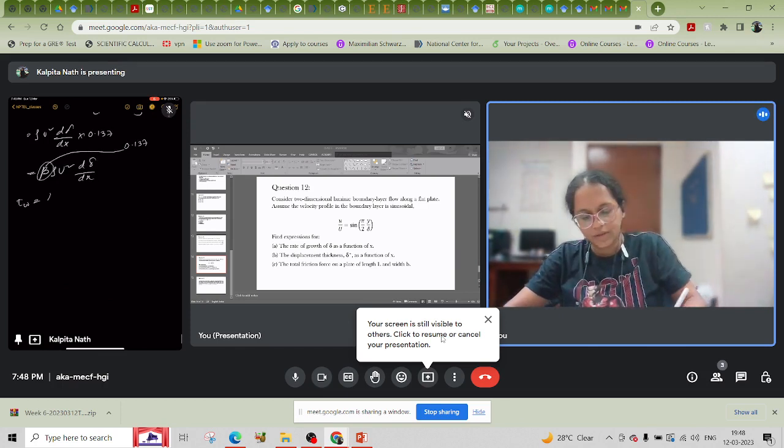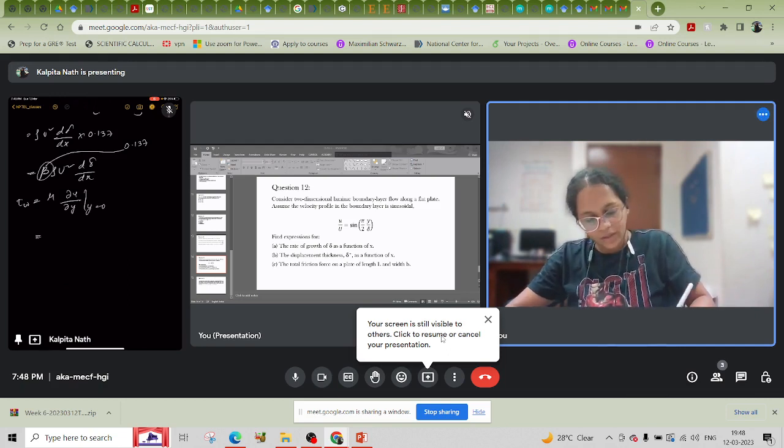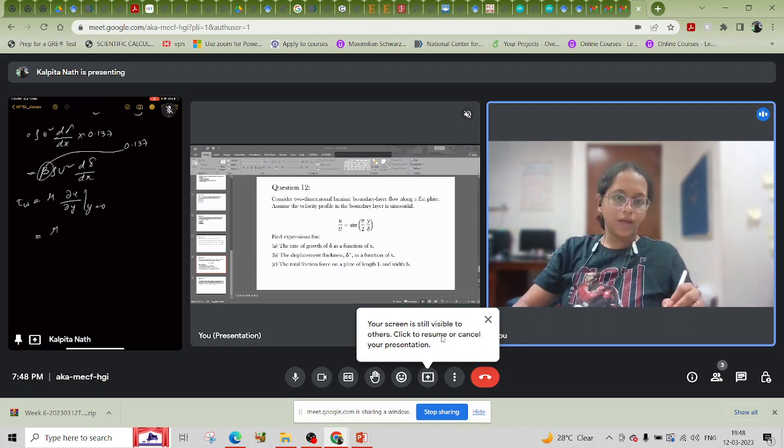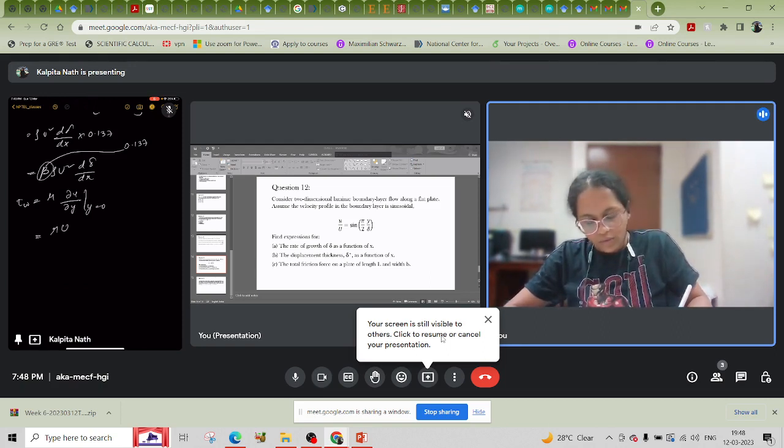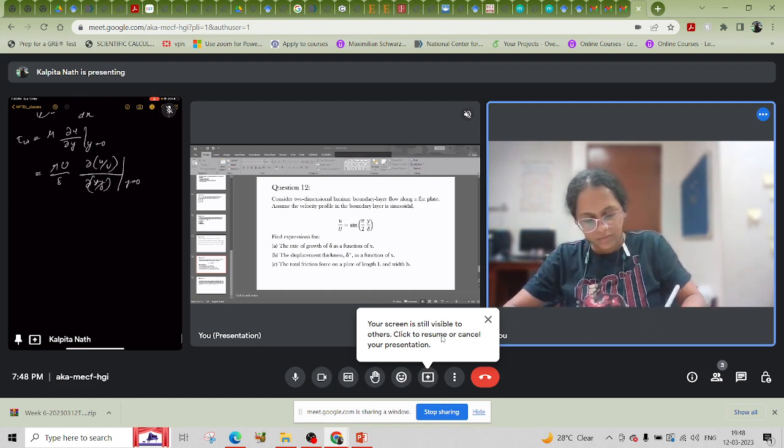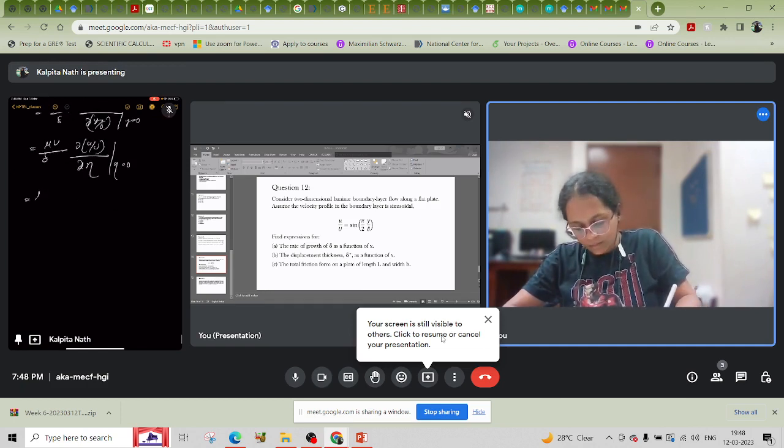Now tau w is equal to mu del u by del y at y is equal to 0, which we already know. Writing in terms of u by U and y by delta, that is eta, tau w is mu U by delta del (u by U) by del eta at eta is equal to 0, which is mu U by delta times pi by 2 cos pi by 2 eta at eta equal to 0.